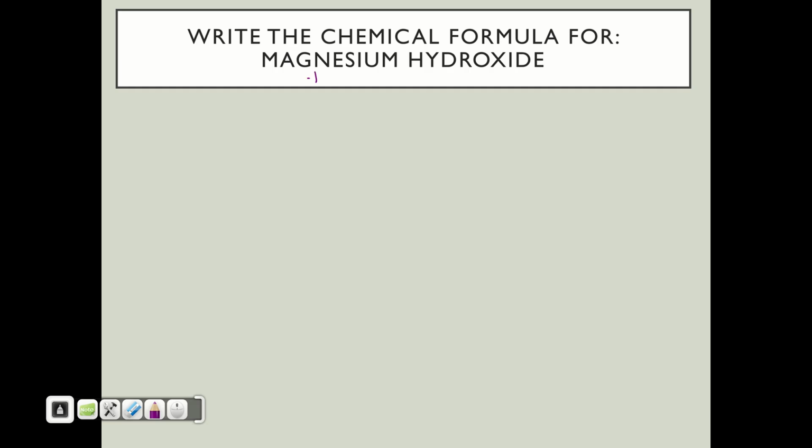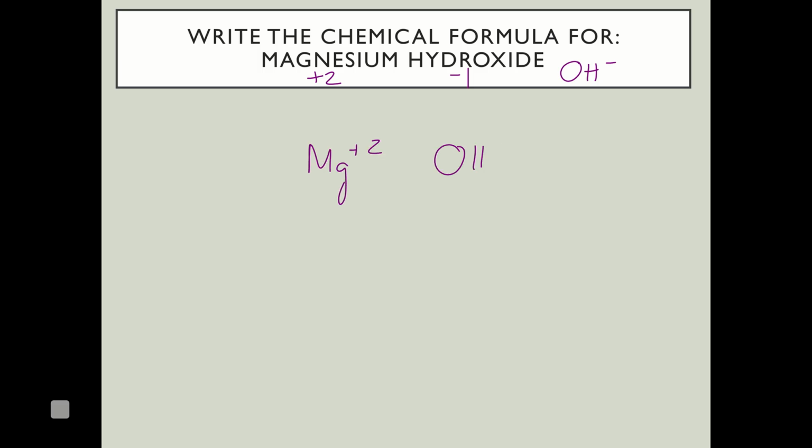Magnesium hydroxide. Magnesium is +2. Hydroxide is one of the two polyatomics that don't end with ate or ite. This is not hydrogen. This is OH minus, so -1. So I have Mg +2 and OH minus. I crisscross these, so this would be Mg1, so I don't write it, and then OH2.